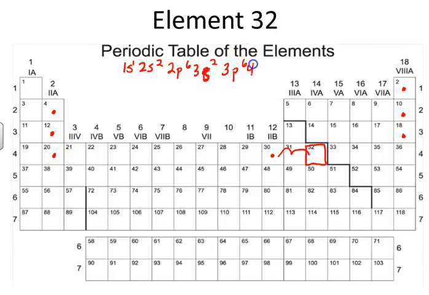Fourth period, S block, second element. Remember, in the D section, it's n minus 1 d, 1 through 10.